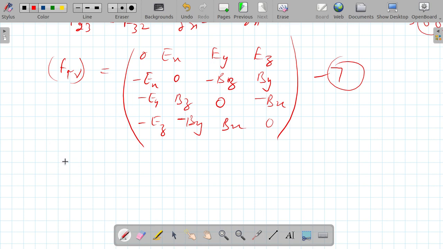And the covariant form can be written as F mu nu by simply exchanging the signs of the electric field components.